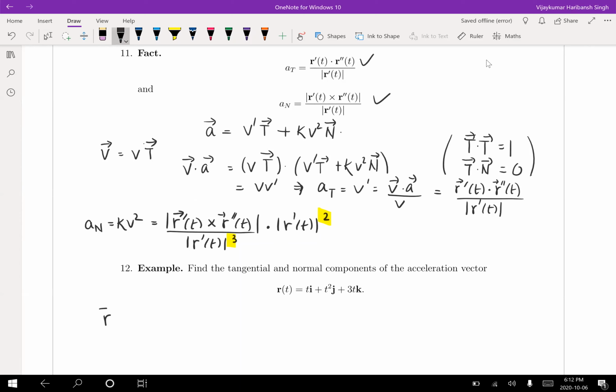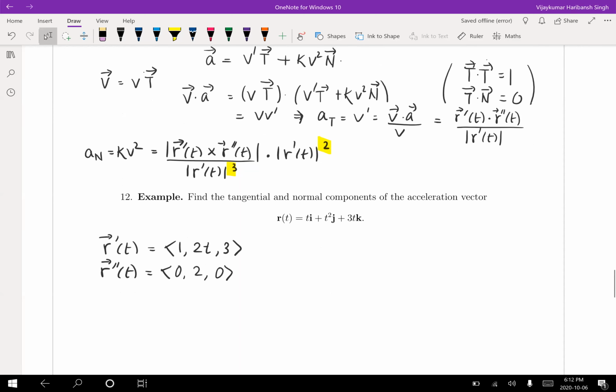So r prime is 1, 2t, 3. R double prime t is 0, 2, 0.